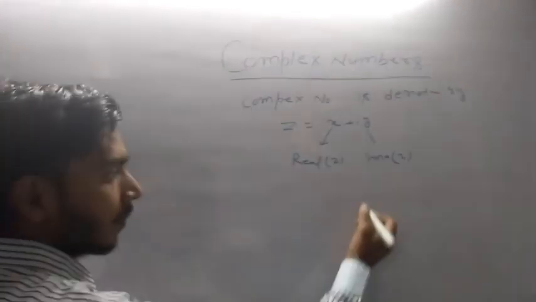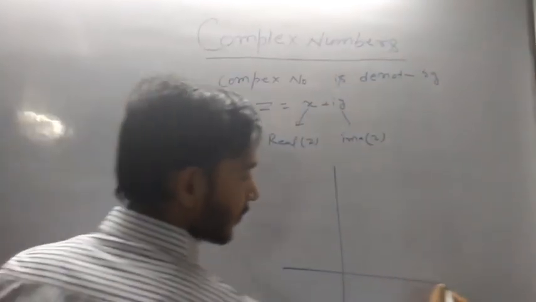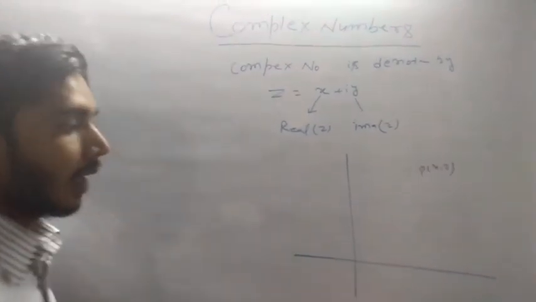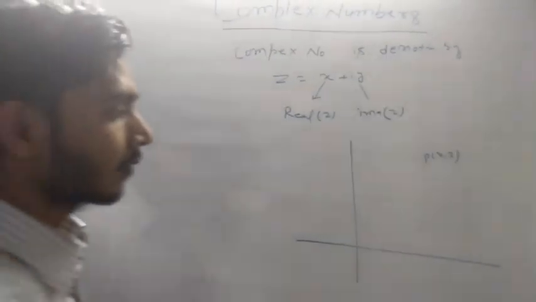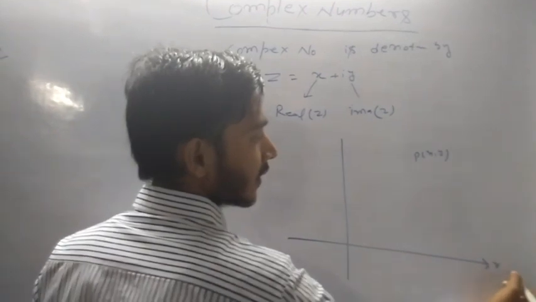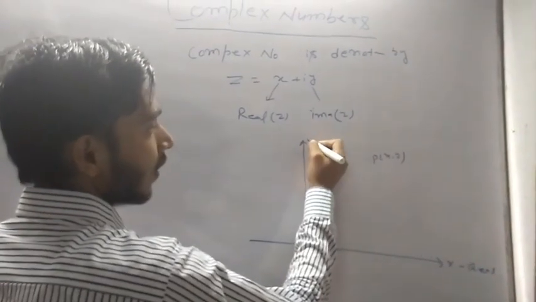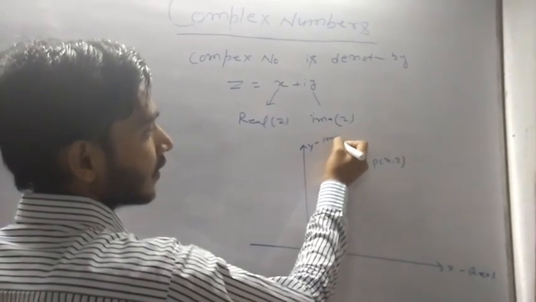If we have a point P(x, y) in an xy plane or Argand plane, this x is called the real axis and this y is called the imaginary axis.